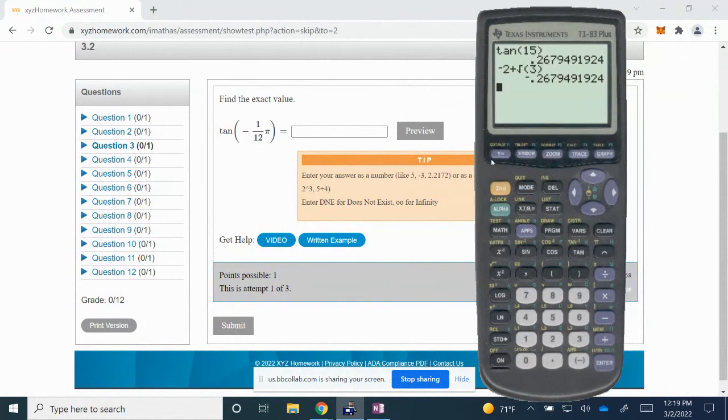All right, so I'm just going to make sure my calculator is in radian mode. I'm going to put this in as the tangent of negative pi over 12.